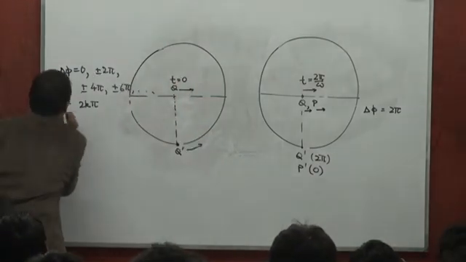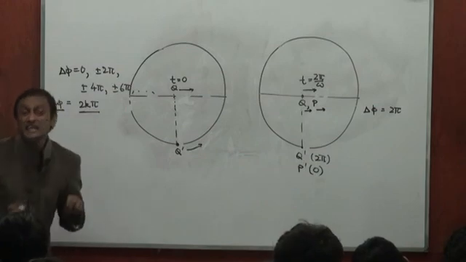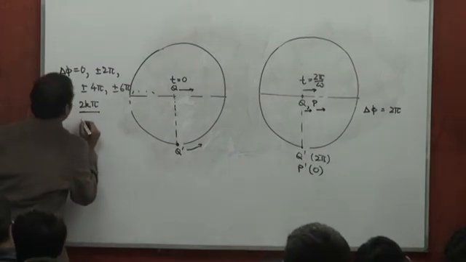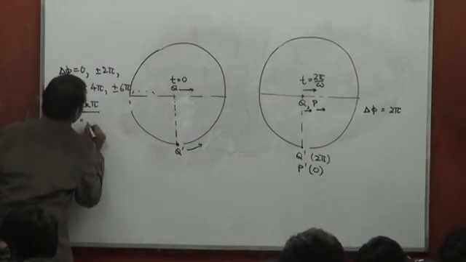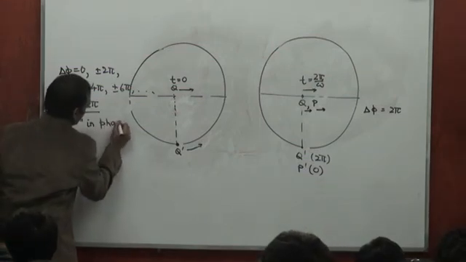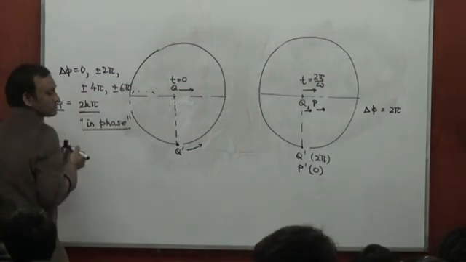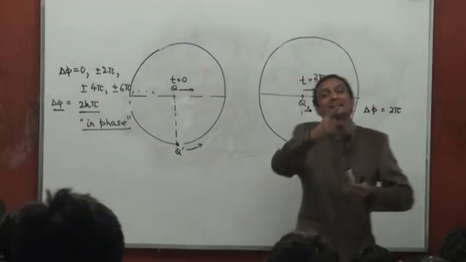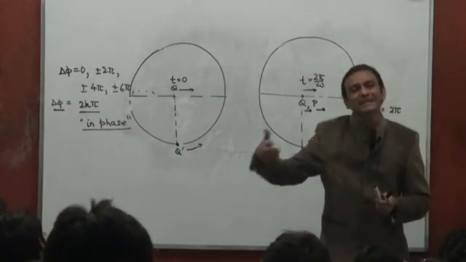So whenever the phase difference between two oscillators is an even multiple of pi, we say that the two oscillators are in phase with each other. Their motions are completely synchronized.